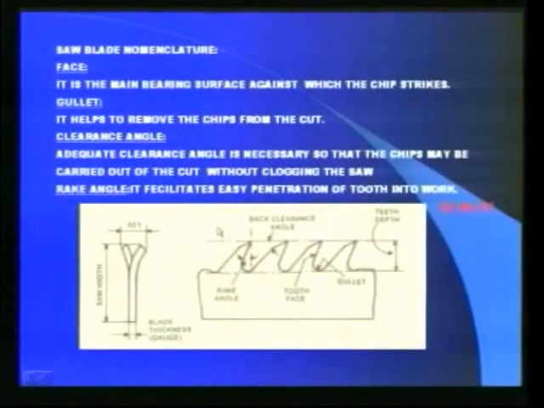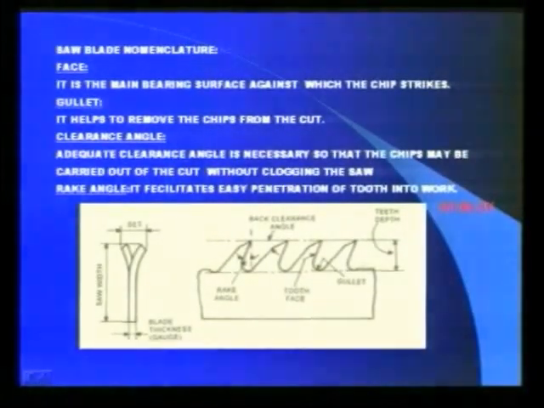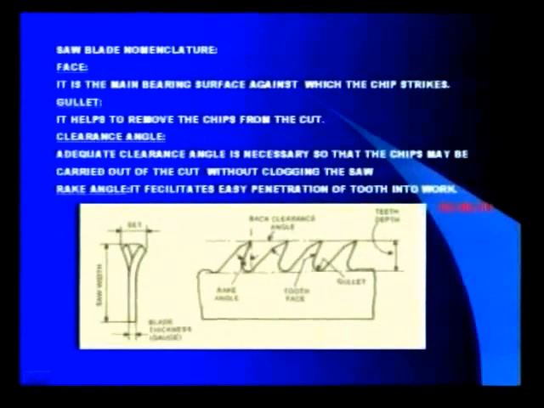Next, we discuss about the nomenclature of saw blade. The saws for metal cutting differ in overall form, but they all contain a series of cutting teeth and operate in same basic way. Saw teeth are designed to meet service requirements.